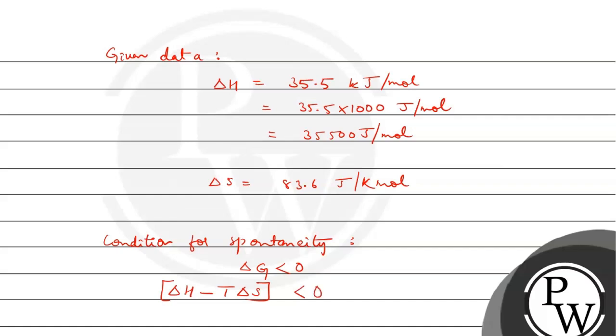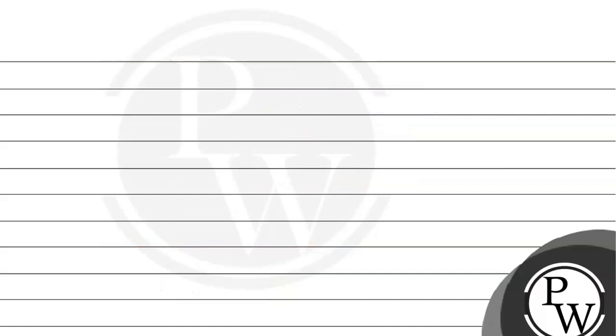So we'll substitute delta H here and delta S here and try to find out the value of T here. So delta H is 35,500 joule per mole minus T into 83.6 joule Kelvin mole is our delta S. So this term should be less than 0.